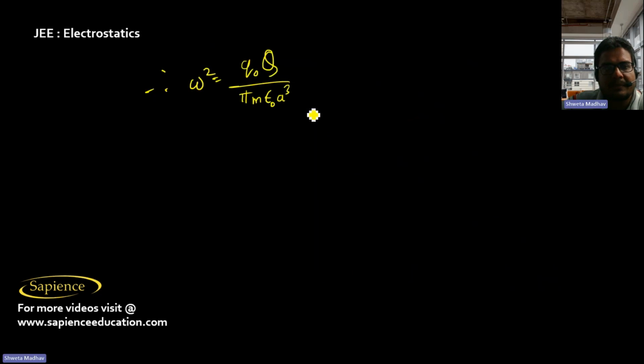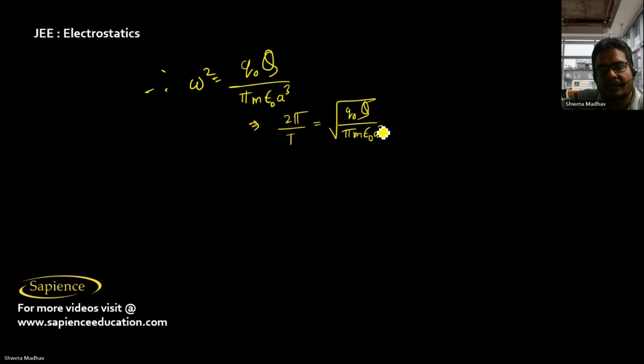Therefore the time period has been asked. So 2 pi by T is omega. Omega will be the square root of q naught q by pi m epsilon naught a cube. So T will be equal to 2 pi into root over pi m epsilon naught a cube by q naught q.